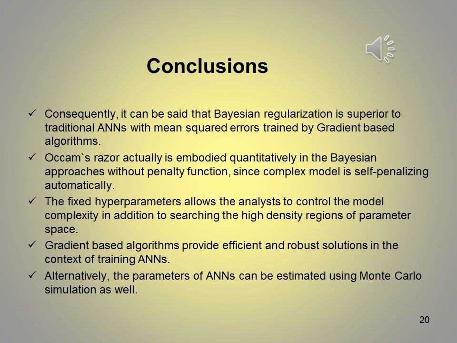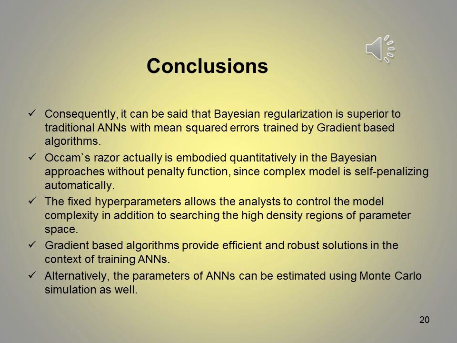As a result, it can be said that Bayesian regularization is superior to traditional artificial neural networks trained by gradient-based algorithms. Occam's razor rule is actually embodied quantitatively in Bayesian approaches without a penalty function, since a complex model is self-penalizing automatically.